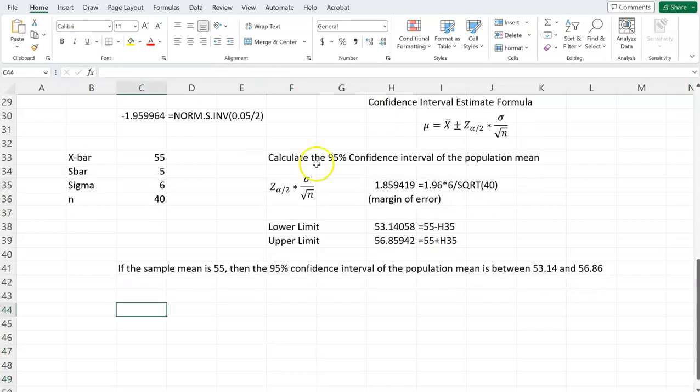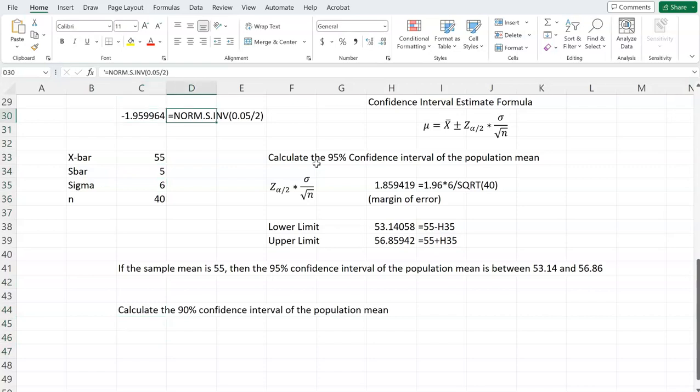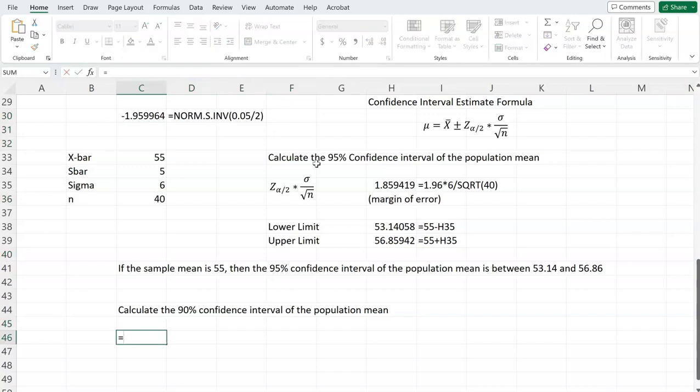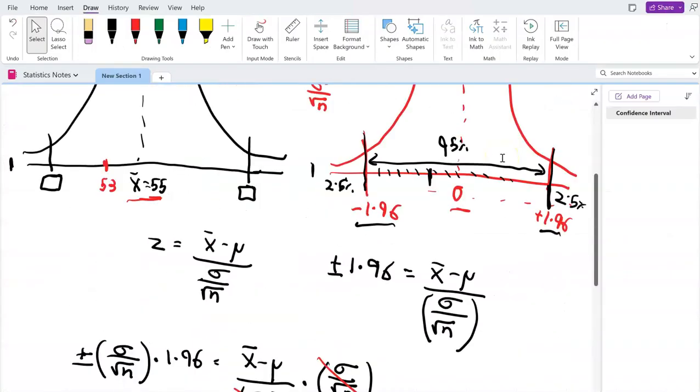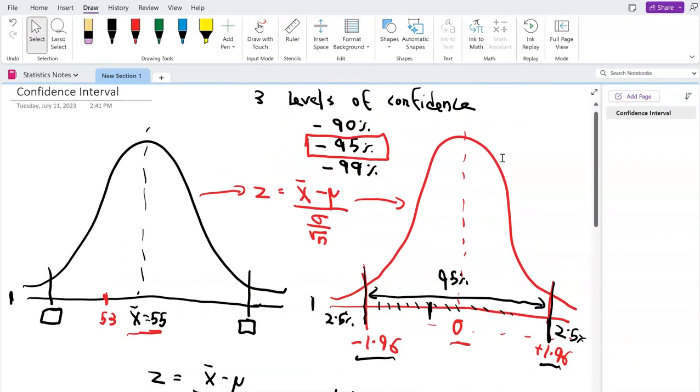90% confidence interval? If I were to find the 90%, this won't work, but I can use the same formula here. Instead of writing the 0.05 over 2, 90% means that the midpoint, if I go back to my graph here, will be 90%.